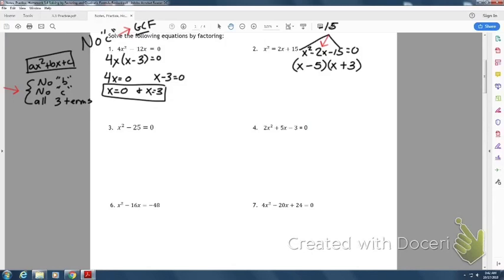So now I take each one of those and I set them equal to 0. So this one gives me 5. The x plus 3 will give me negative 3.